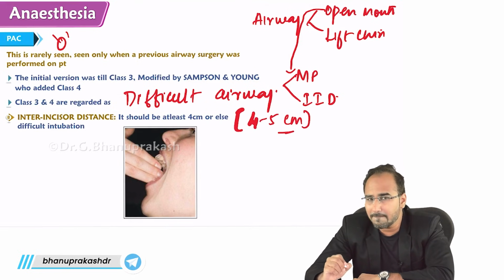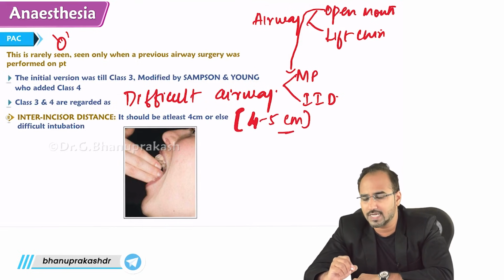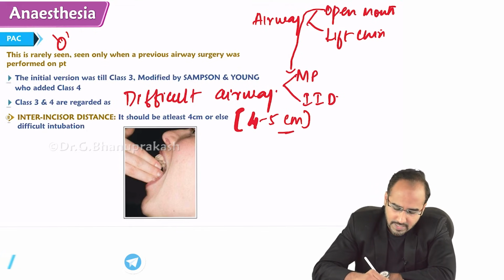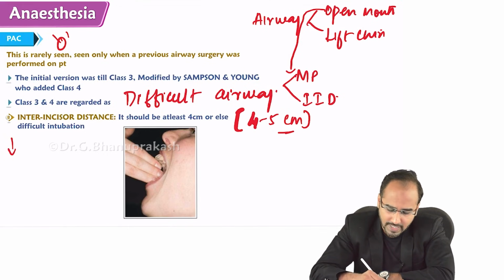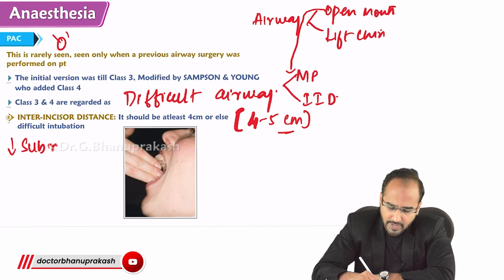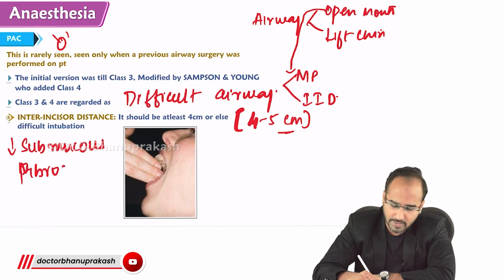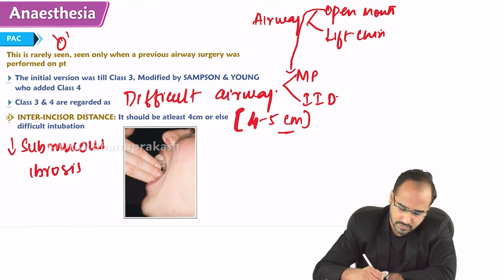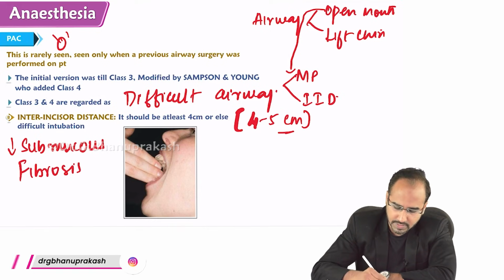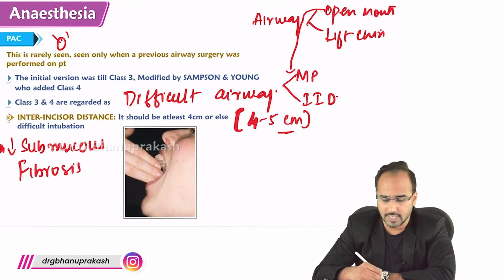But some patients will have low inter-incisor distance. What patients will have low inter-incisor distance? The patients who are tobacco chewers and if they develop submucous fibrosis, they will have low inter-incisor distance.